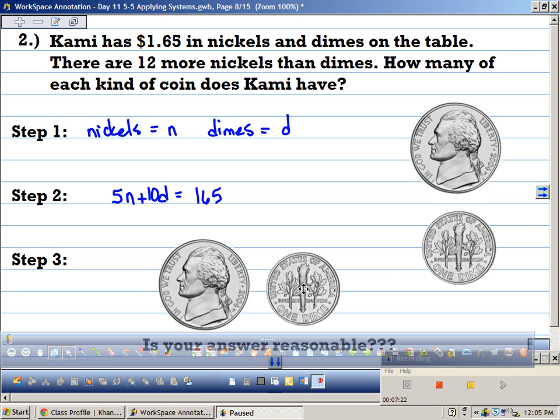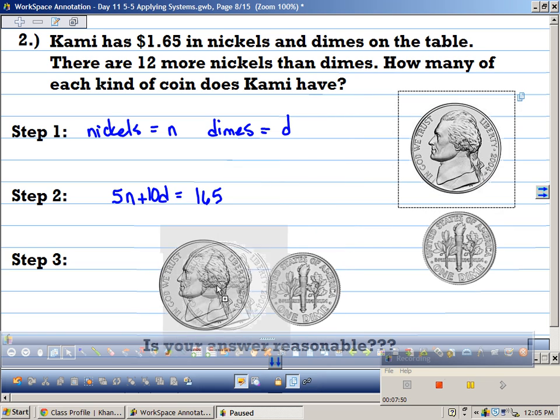Not only that, for every dime, you have 1 nickel and what else? How many more nickels do I have than dimes? 12. So how many nickels would I have in all? We would have 13.